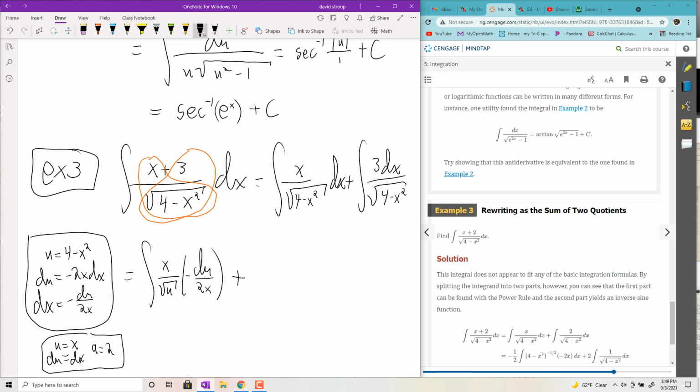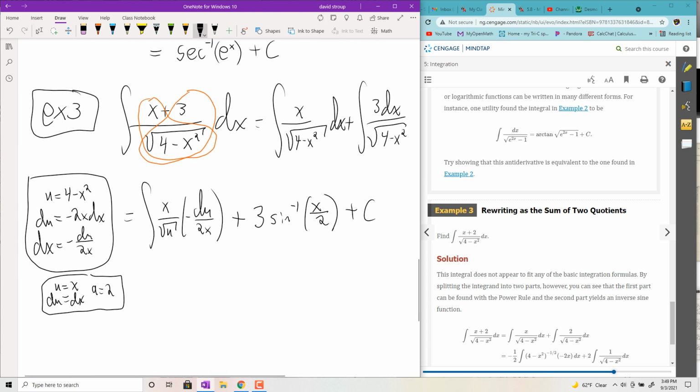So plus there's a constant of 3 floating around, and then it will be sine inverse of u all over a. In this case, u is just x all over a, which is 2. Let's see. And then let's clean up that first integral, so you can pop out a factor of negative 1/2. The x's are gone. Let's rewrite the 1 over square root u as u to the negative 1/2.